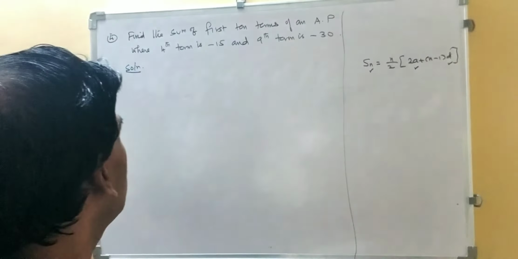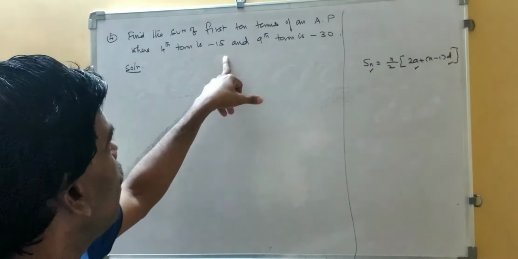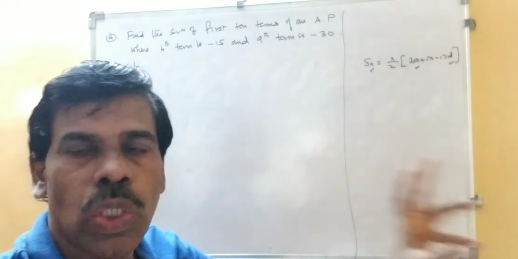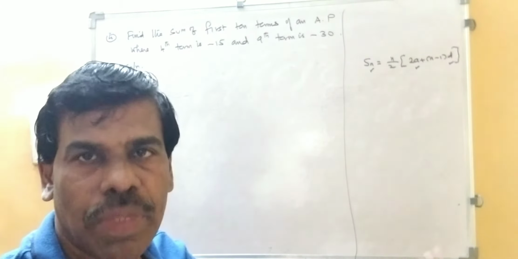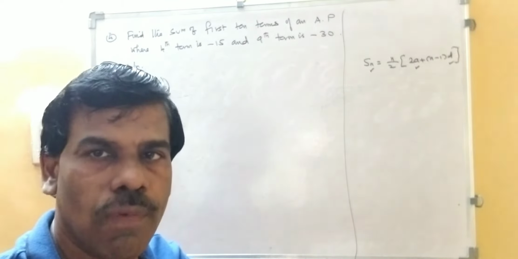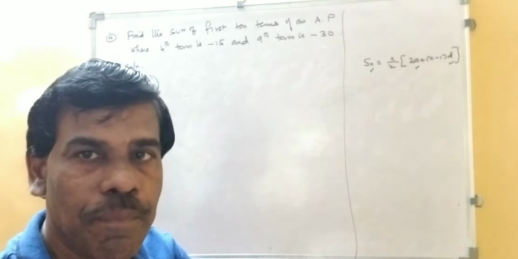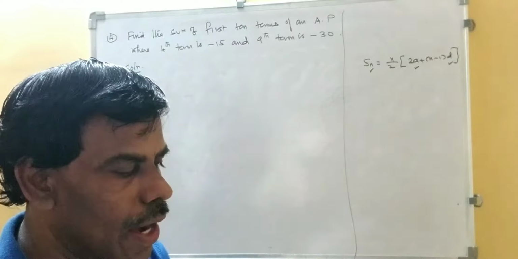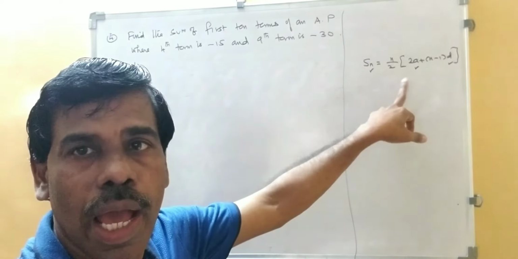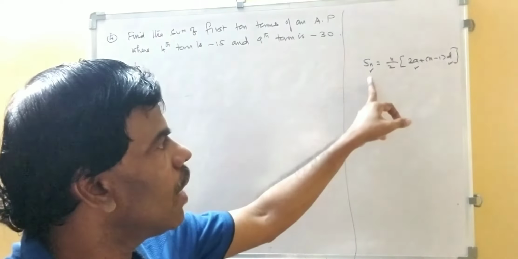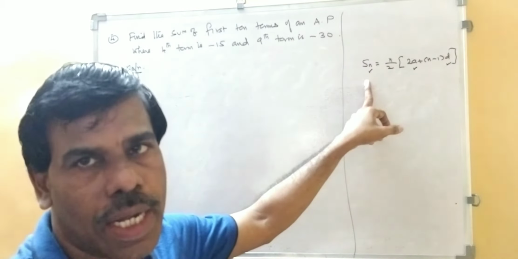So, now here you see they are given fourth term is this, ninth term is this. So, you will get two equations like the previous sum. If you solve, you will get the value of a and d. And n also we have to find out. Then we can substitute n, a and d. Then you will get the sum of 10 terms of AP.